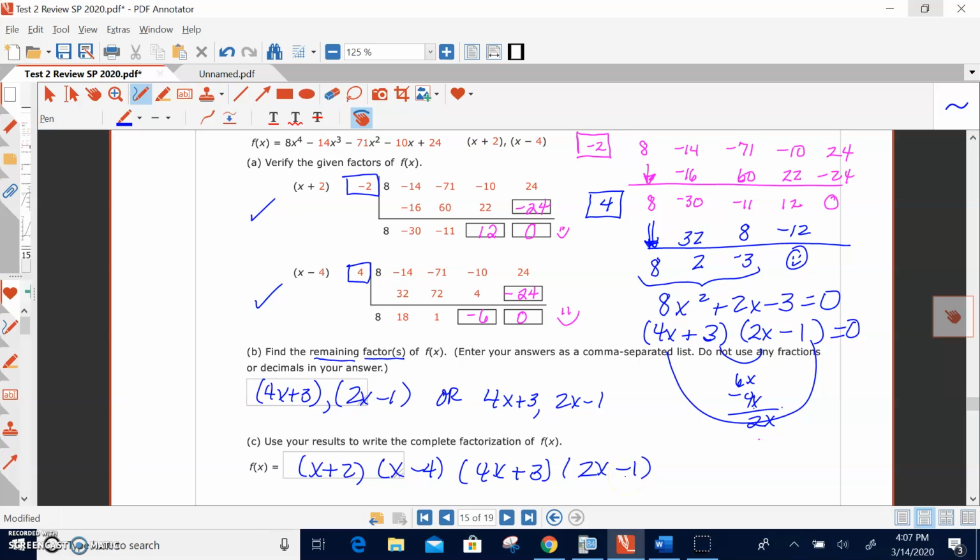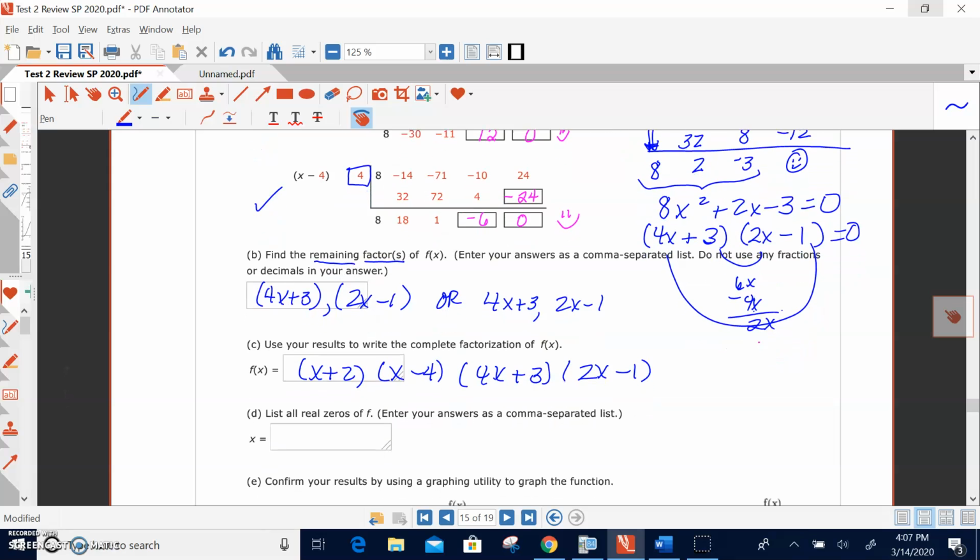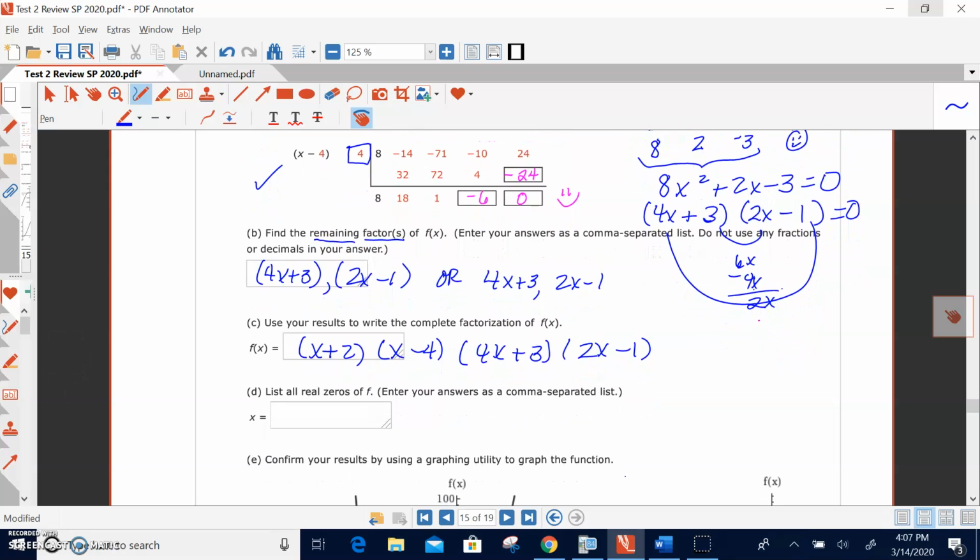So that would be completely factored form, no commas between those. And then listing all the zeros, we have a -2 from the first factor, a 4 from the second factor, -3/4 from the third factor, and then 1/2 from the last factor.